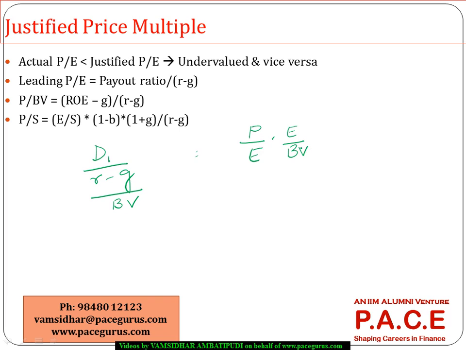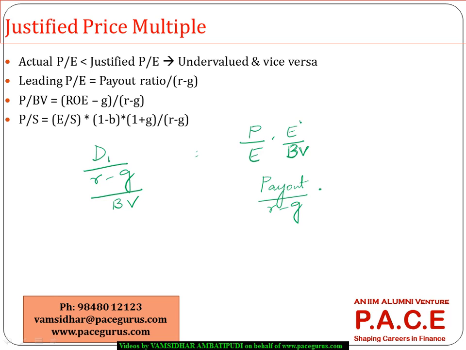Everything in the form of price to earnings, and earnings to book value. So here the price to earnings, let's say, is payout divided by R minus G.